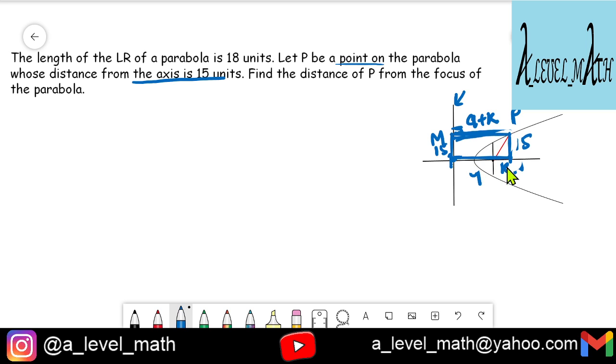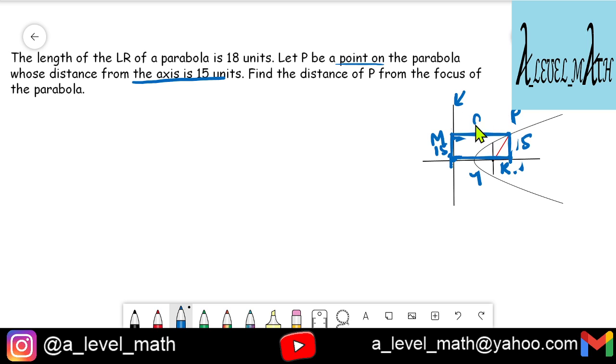But one thing is for sure, we know that P is a point on the parabola, and for any point on the parabola, the distance from the focus and the distance from the directrix remain equal. That means this distance will also be 9 plus k, because this point has a distance from the focus, and this point also maintains a distance of 9 plus k from the directrix.